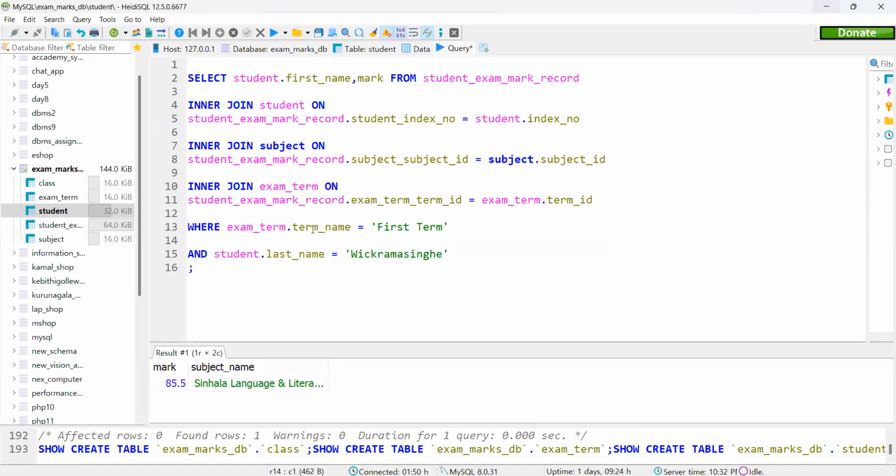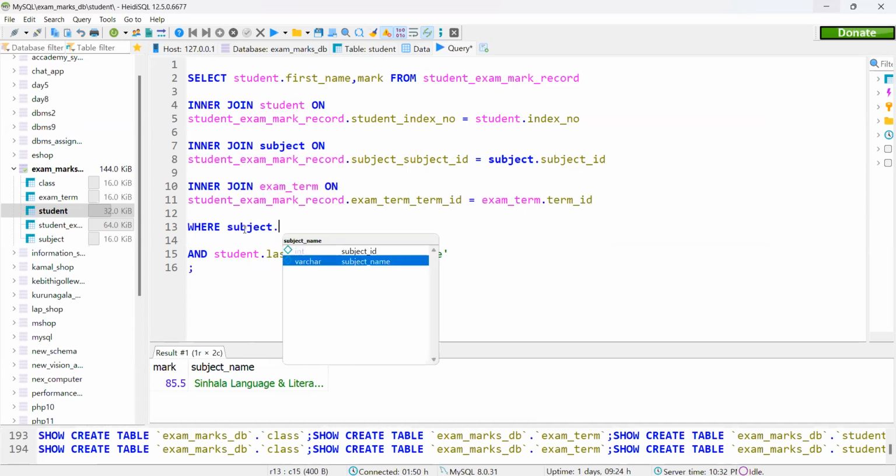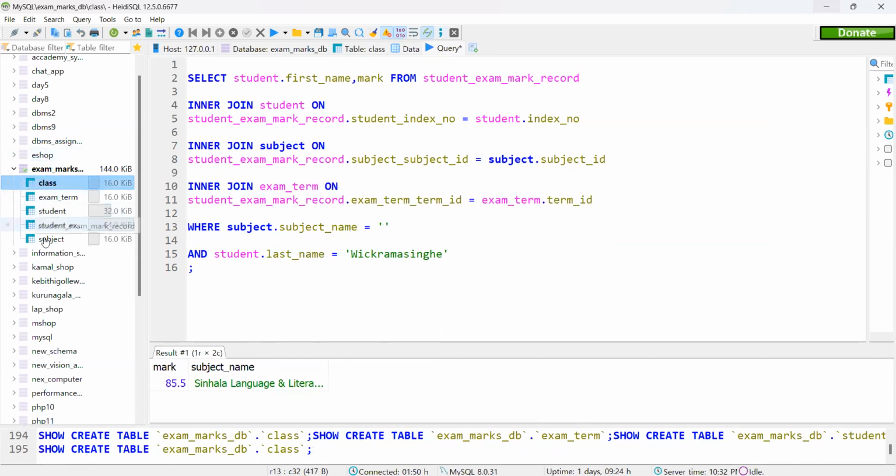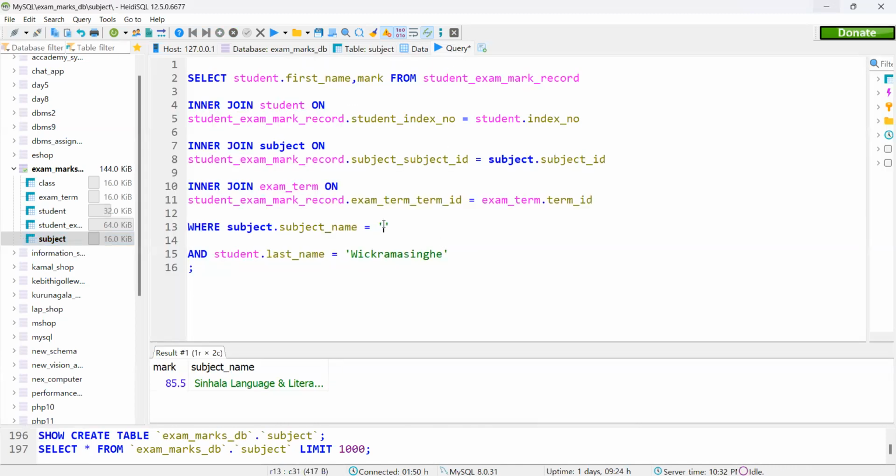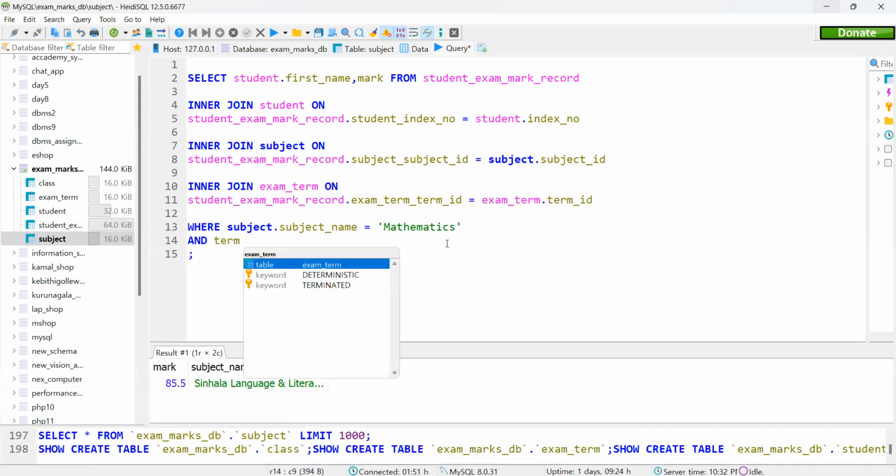We know this one. Subject, we say mathematics subject, and term equal to first term.